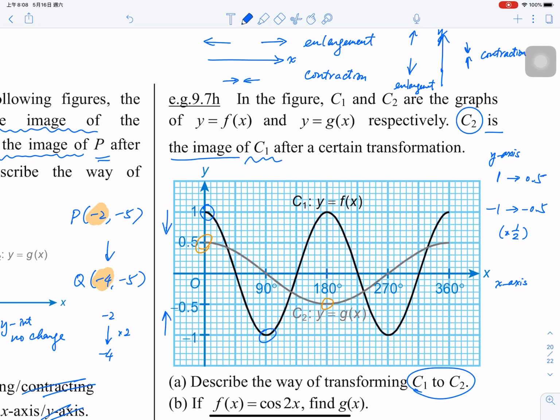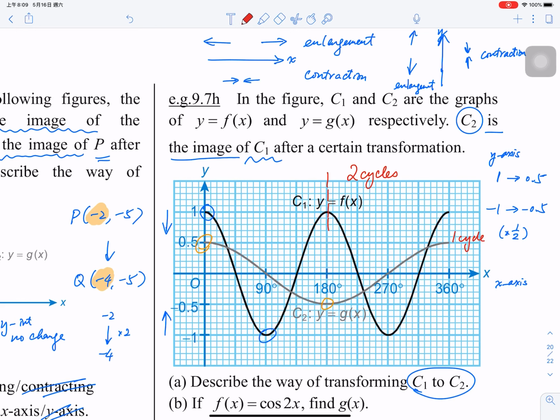Here we have the graph like this. 1, 2, so 2 complete cycles, because up to here completes 1 cycle. How about the image graph? Only 1 cycle, right?